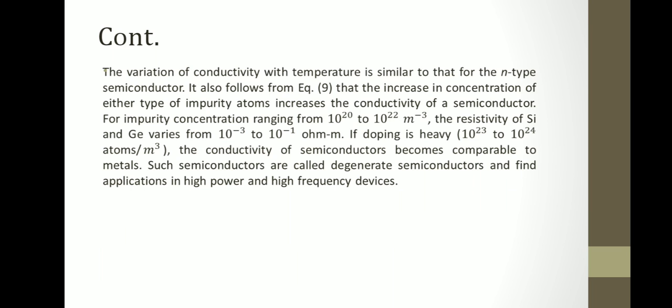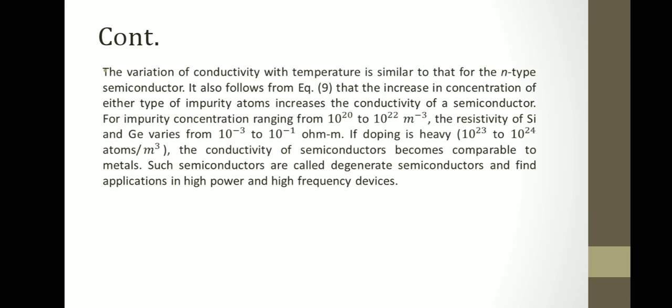The variation of conductivity with temperature is similar to that for the n-type semiconductor. It also follows from equation 9 that an increase in the concentration of either type of impurity atoms increases the conductivity of a semiconductor. For impurity concentrations ranging up to 10 to the power 22 per m cube, the resistivity of silicon and germanium varies from 10 to the power minus 3 to 10 to the power minus 1 ohm meter.